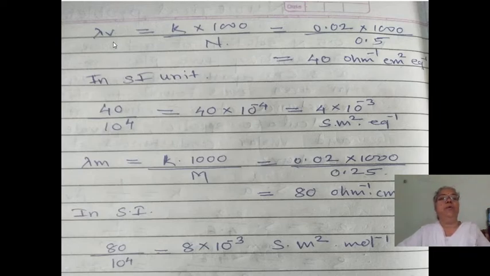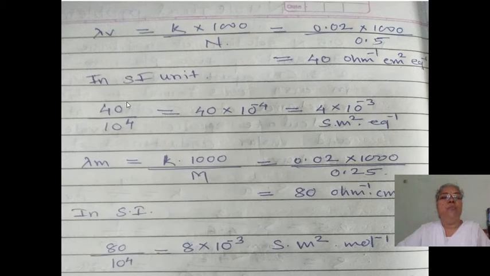Here we have the formula lambda phi. It is equal to specific conductance into 1000 divided by normality, and we know all these values. Here normality is given, and that is 0.5. Substituting these values and solving this, we get 40 ohm inverse into centimeter square into equivalent inverse.